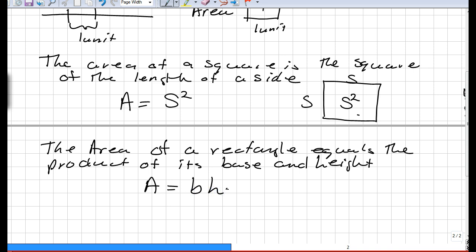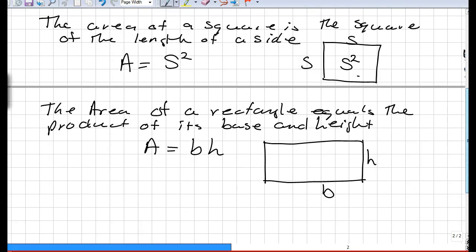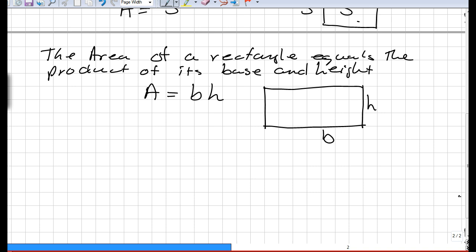Because remember, when we're talking about a rectangle, normally this would be our base, this would be our height. And so area is base times height, okay? And so if the rectangle is a square, the base and the height are the same number. So that's why it's just side squared, okay?